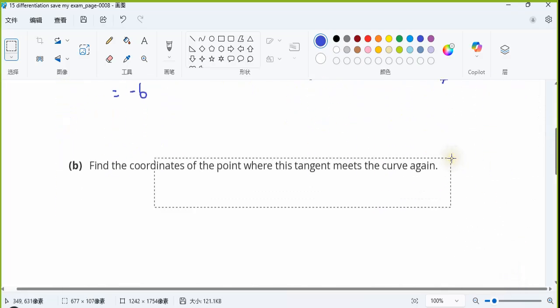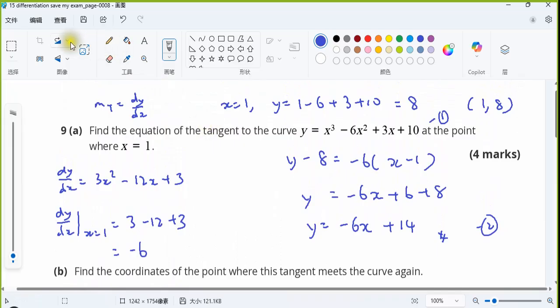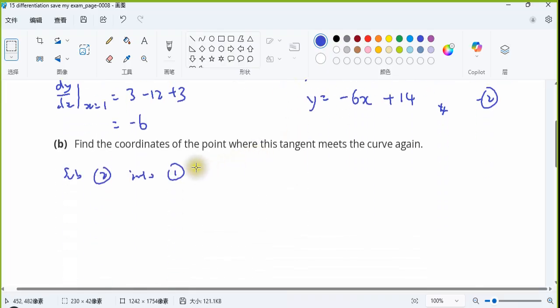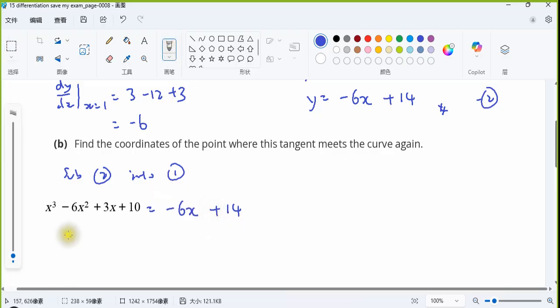So this one equals to this. Then we have x cubed minus 6x squared plus 9x minus 4 equals 0.